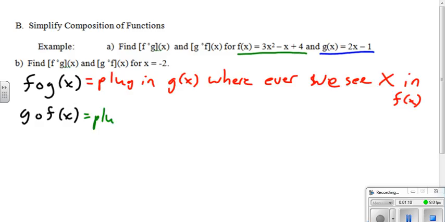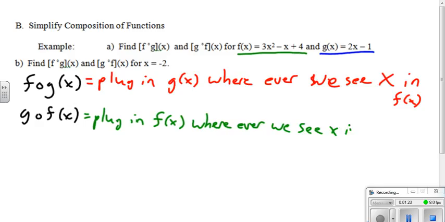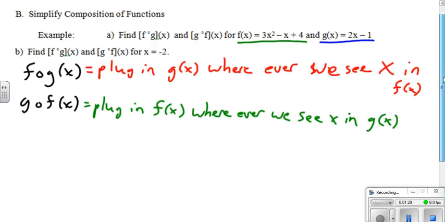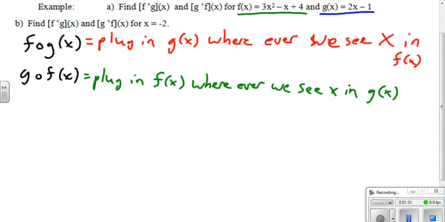Similarly here, we plug in f of x wherever we see x in g of x. That sounds a little bit confusing, but let's see how it all pans out. So first we'll do f of g of x.